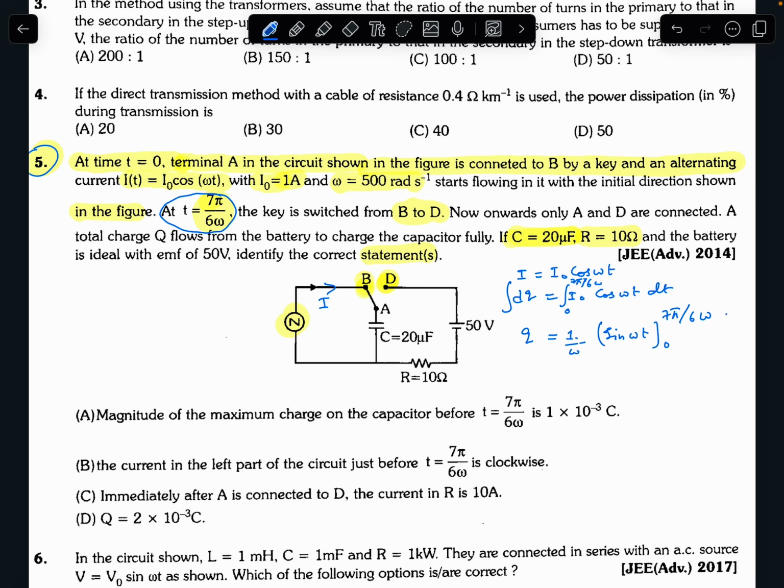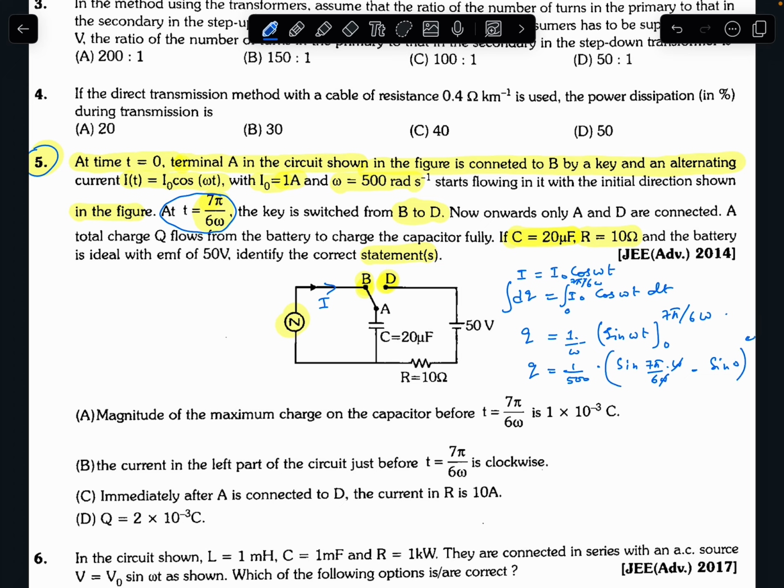So 1 by omega is 1 by 500. So q equal to 1 by 500 times sin of omega t, with t equal to 7 pi by 6 omega, so sin 7 pi by 6, minus sin 0. Anyway, sin 0 is 0.